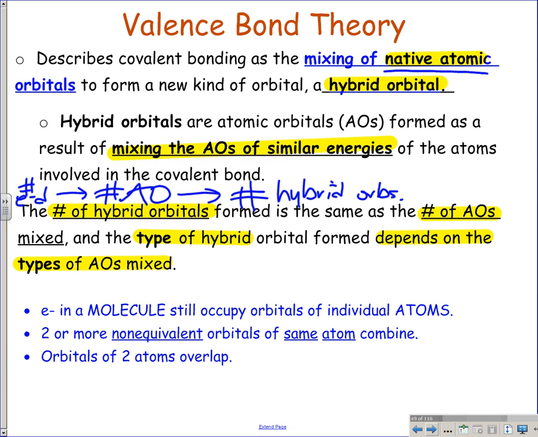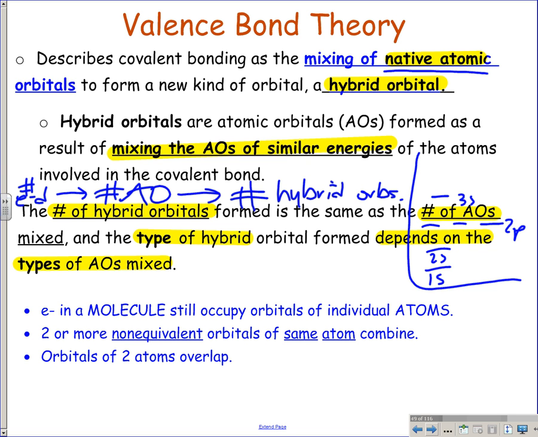And we don't blend these orbitals willy-nilly. We don't hybridize just any old orbital. We have to think about the fact that all bonding is an energy-lowering process. Things bond because they want an octet and because they want, as a whole, to become more stable. So, you remember the Aufbau diagram? It looks like this: 1s, 2s, 2p, 3s. It goes up.